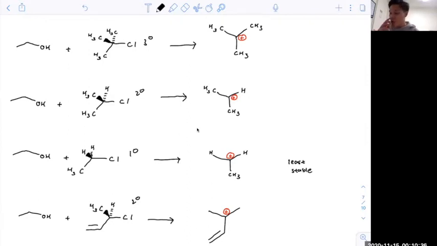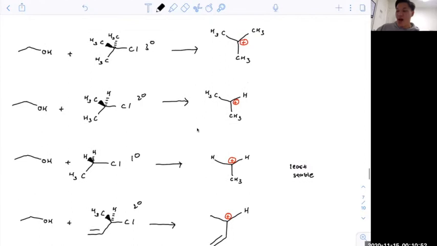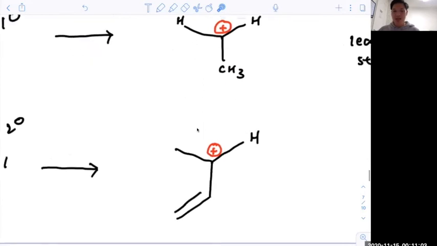So now, which one is the most stable? If you said that the most stable one was the bottom, you are correct. So let's see why. I know the top one may look really stunning because it is a tertiary carbon compared to a secondary carbon, but there is a little something here that's going on.